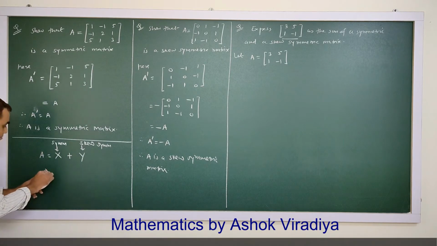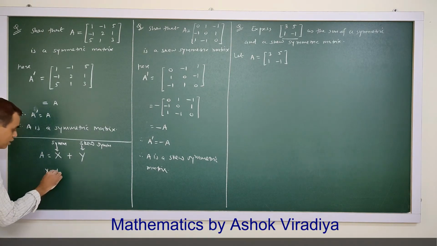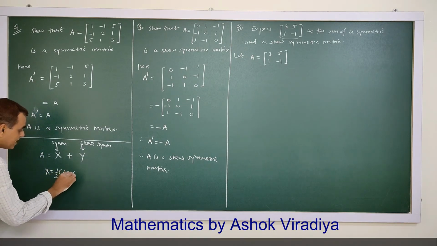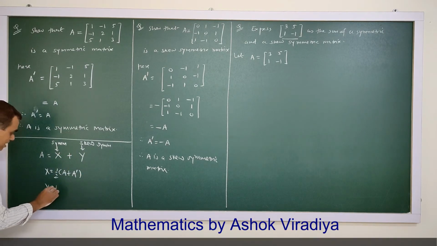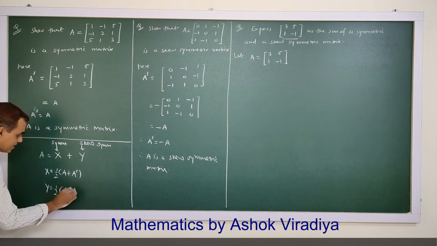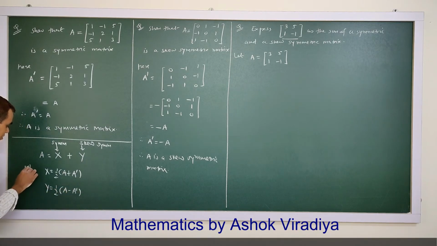X can be computed by 1 by 2 times A plus A dash, and Y can be computed by 1 by 2 times A minus A dash. So this property we discussed.